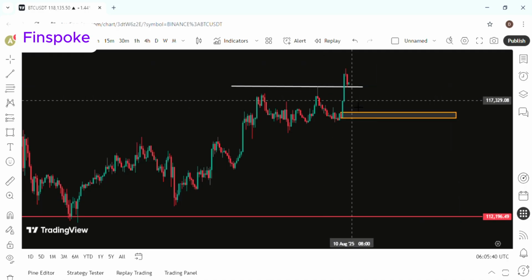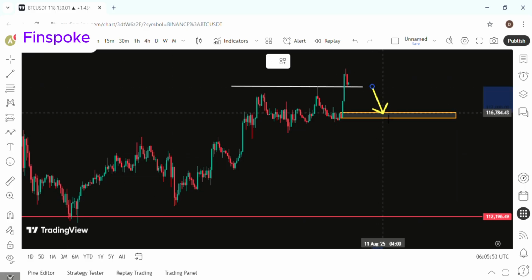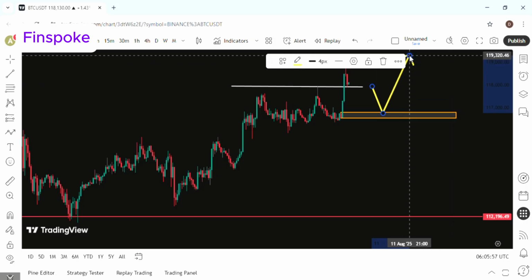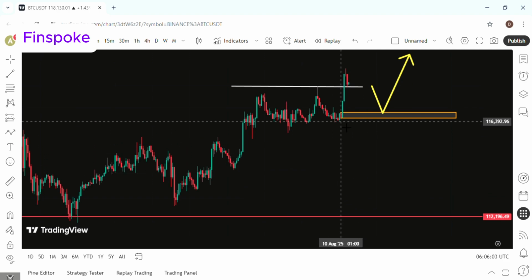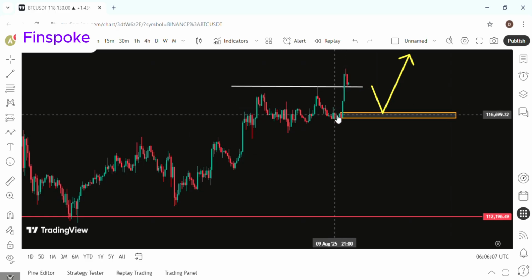So it is expected that price will return back to this place before going up. If you are good with your demand and supply zones, you will understand that before this expansion, price moved sideways. This is the base.